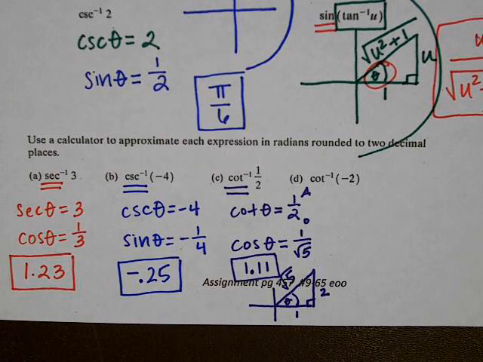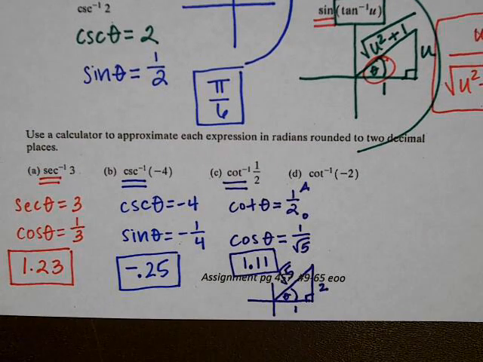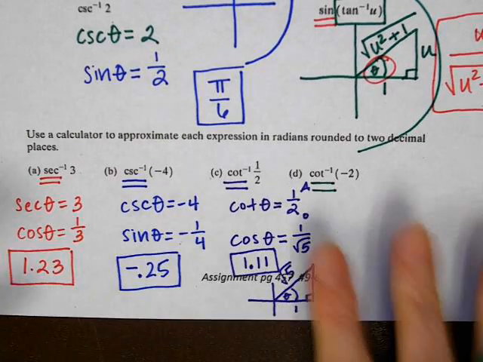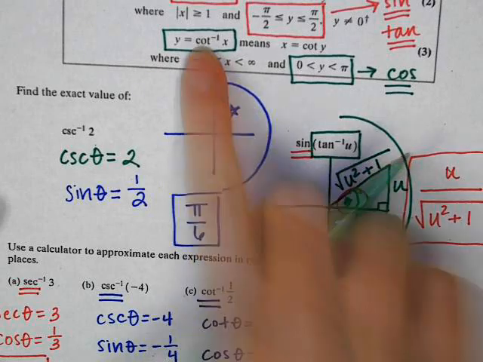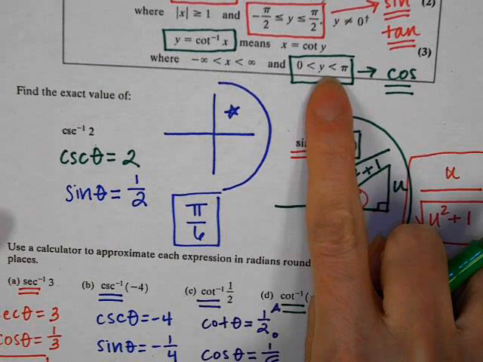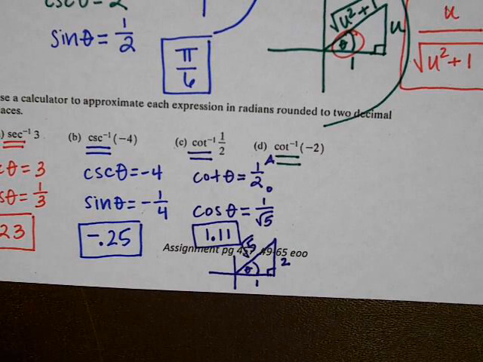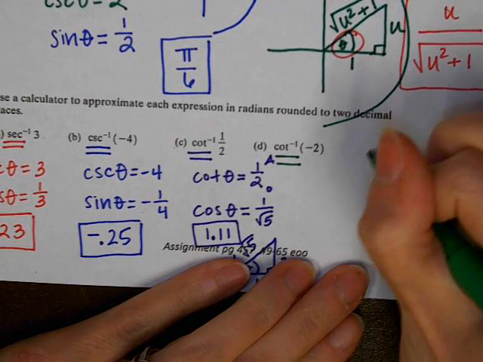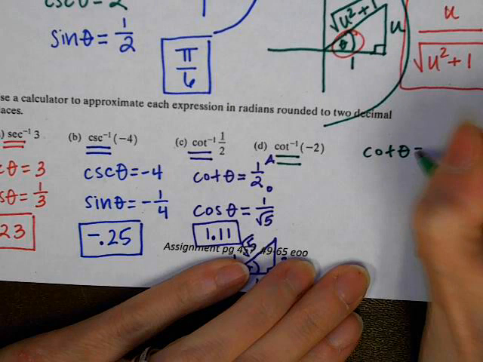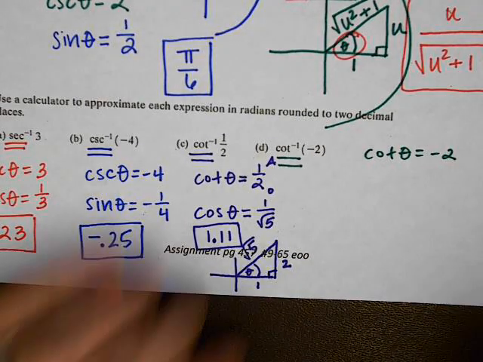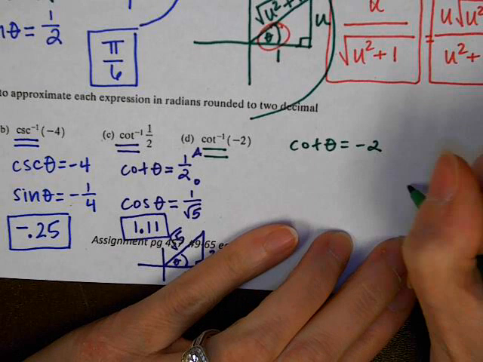Okay, so very similarly, last one, letter D, cotangent's inverse, its restriction for the range is the same as cosine. So we kind of need to do the same thing and convert it to cosine first. So this means, when is cotangent -2? All right, so let's draw a little triangle and let's see what's happening here.